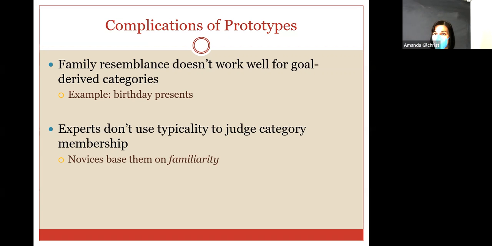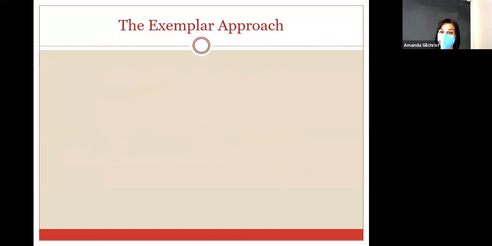They stink. And novices rated catalpa trees the worst, even though they're very much prototypical trees, because most people don't see a lot of ginkgo trees or catalpa trees. They're rarer. So novices use familiarity, and experts don't use typicality at all. This doesn't really fit with prototype theory.